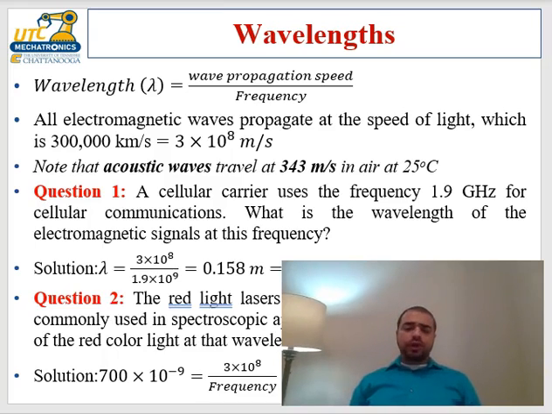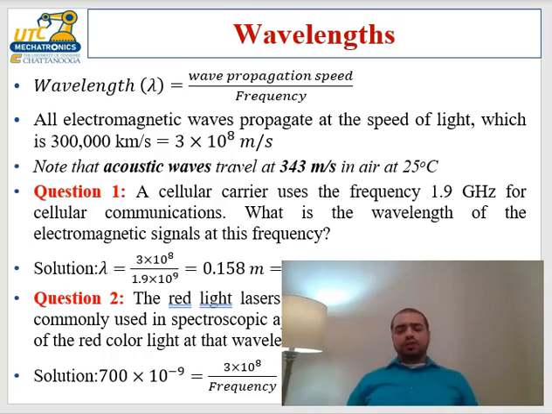Now, acoustic waves, sound and ultrasound, depend on the medium and the temperature. In air at 25 degrees C, they travel at 343 meters per second. It's a lot slower than the speed of light; there's no comparison.